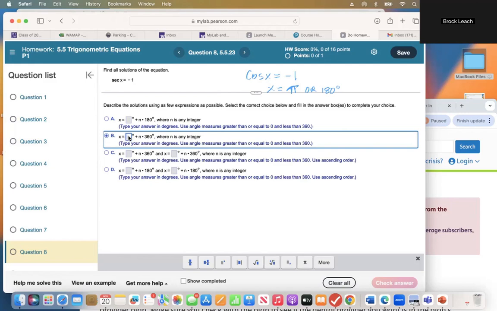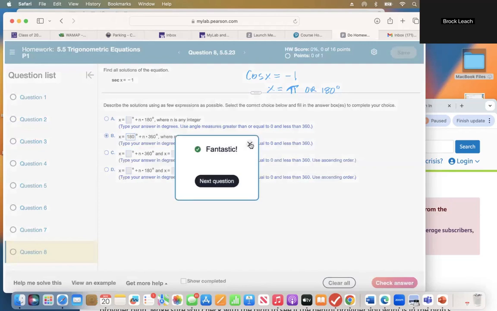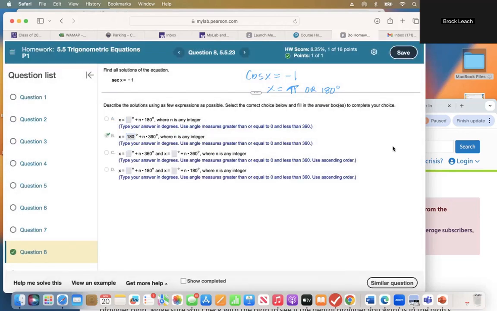So we're going to type that in, 180 degrees plus n times 360. That makes sense. Does that answer the question there? Any other ones from the first section?